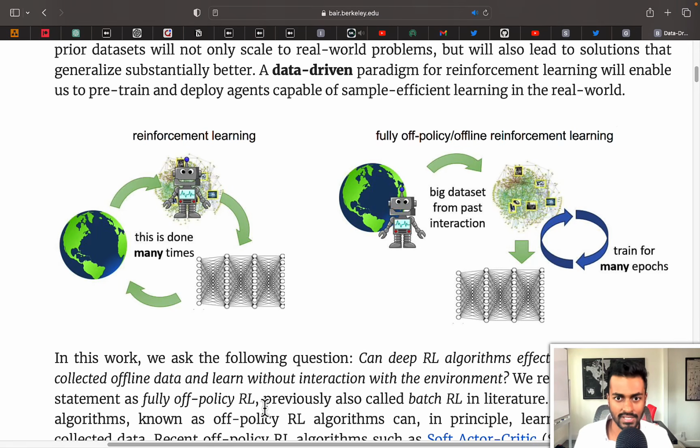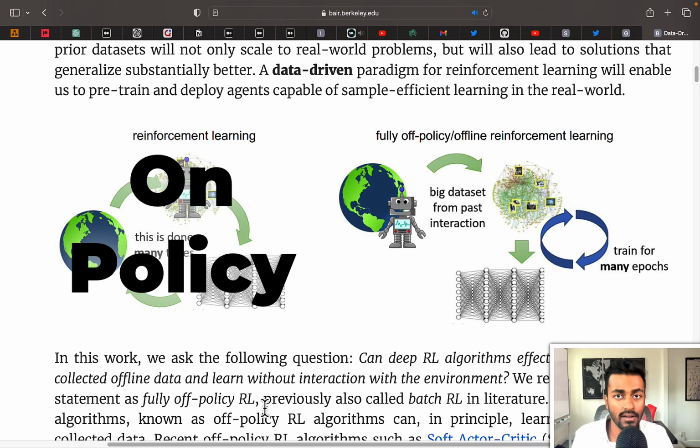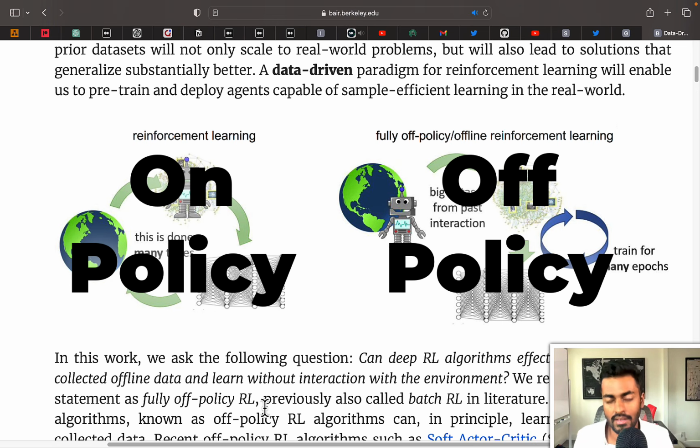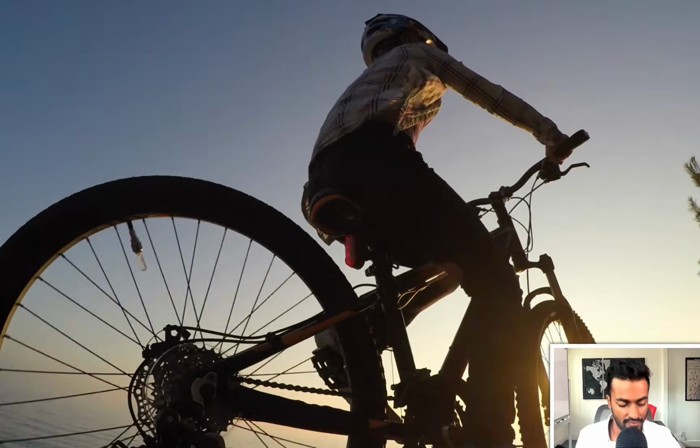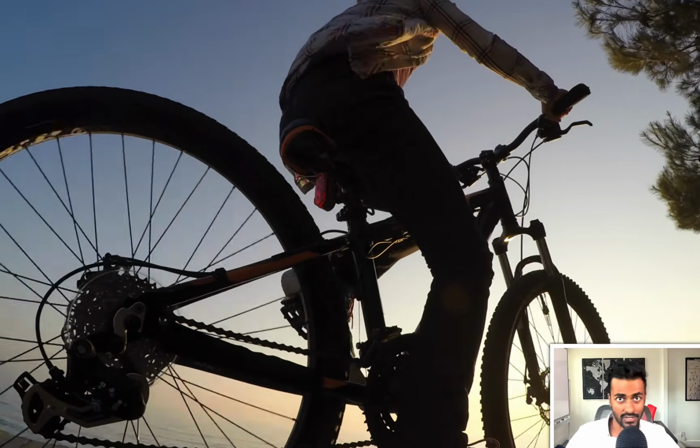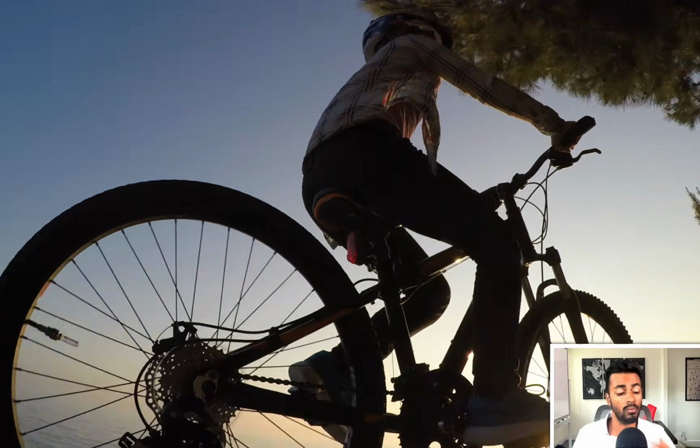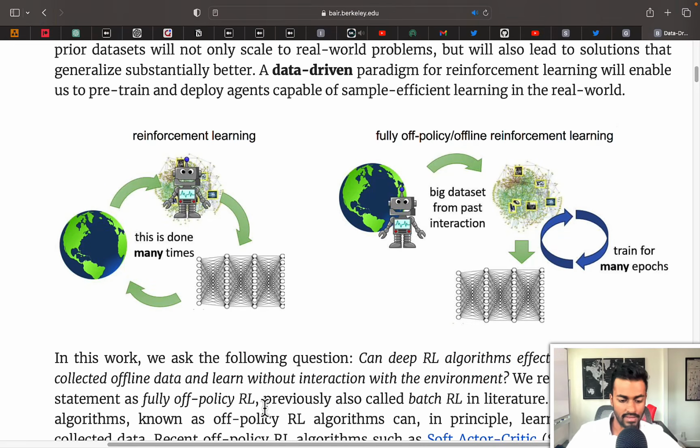Reinforcement learning strategies can be either on-policy or off-policy. And I'm going to describe this using a simpler example, such as you trying to ride a bicycle for the first time. So you get on the bicycle for the first time and you want to try to learn how to ride it. Well, one way to do it is you get on the bicycle and you just roll with it. You kind of struggle a little bit.